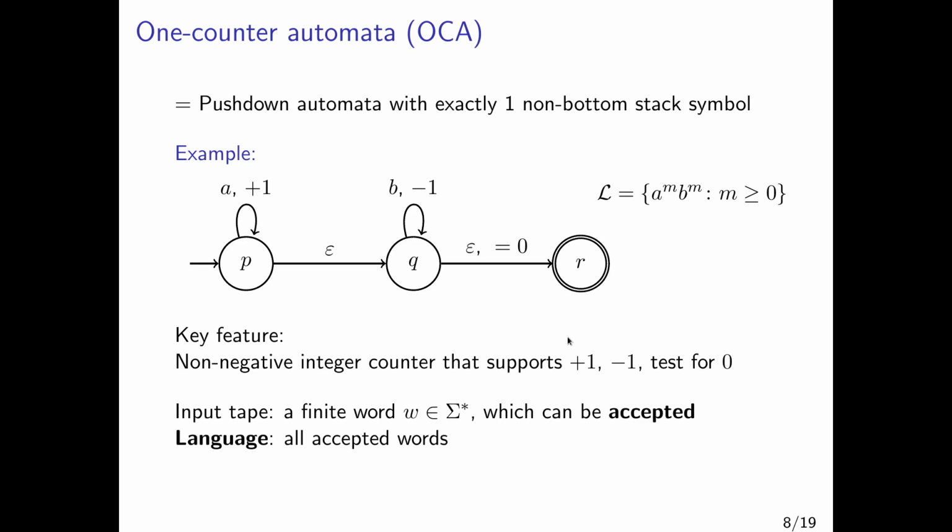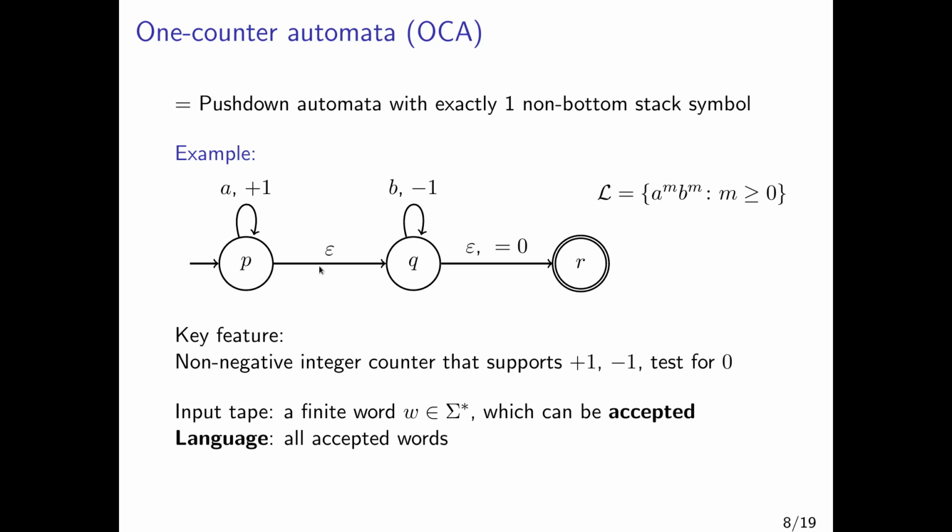So what are these one-counter automata precisely? They're pushdown automata with exactly one non-bottom stack symbol, meaning that you can distinguish between the bottom of the stack and non-bottom of the stack, but that's it. So effectively you have a counter that takes non-negative integer values and that you can check for 0 or non-zero, but you can't distinguish between different positive numbers. In this simple example, you have 3 control states, and you start in this control state with counter value 0, and then you can read several A's, each time incrementing the counter.